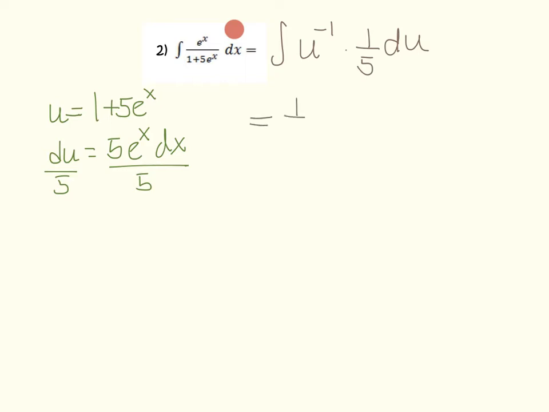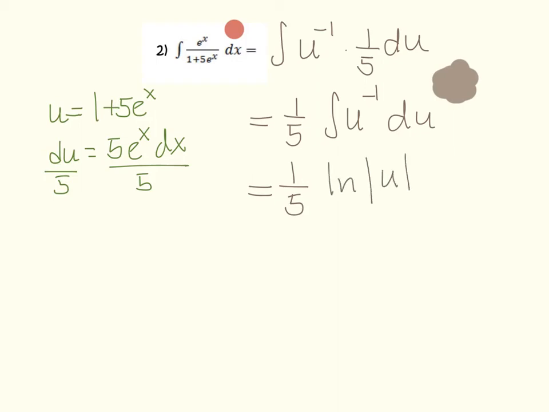Then 1/5 is a constant, and the integral of u to the negative 1 times differential of u is an important integral because it is the exception to the integral of u to the n. Remember that we have a negative 1 as an exponent. The integral equals the natural logarithm of u plus the constant.